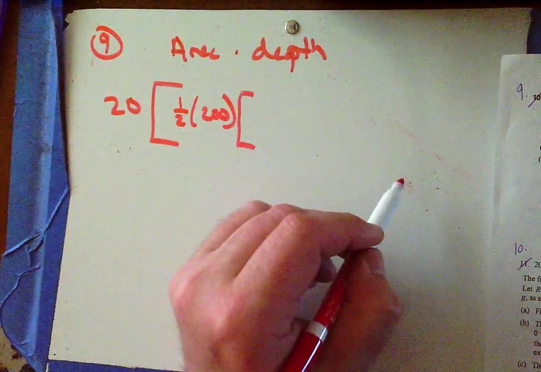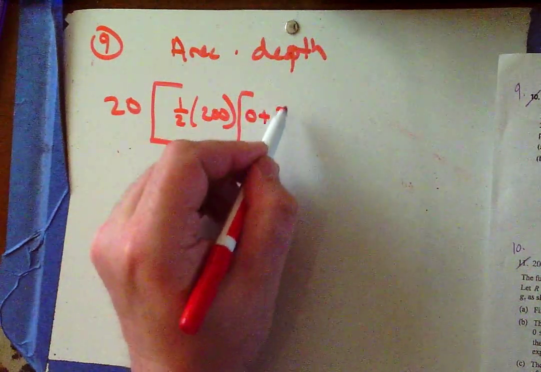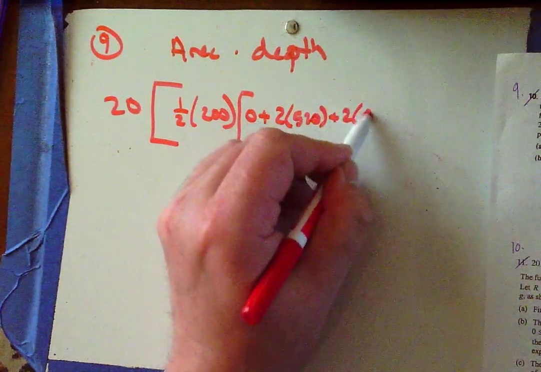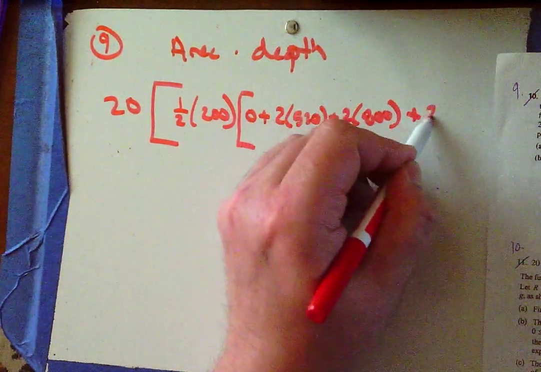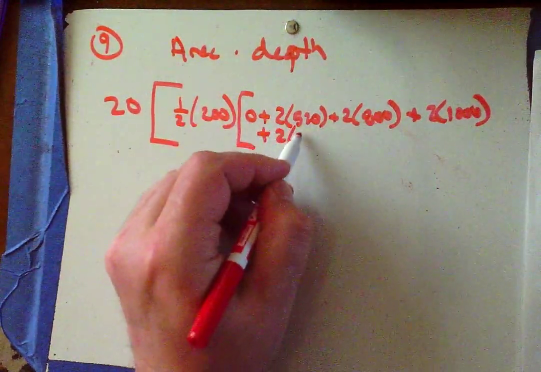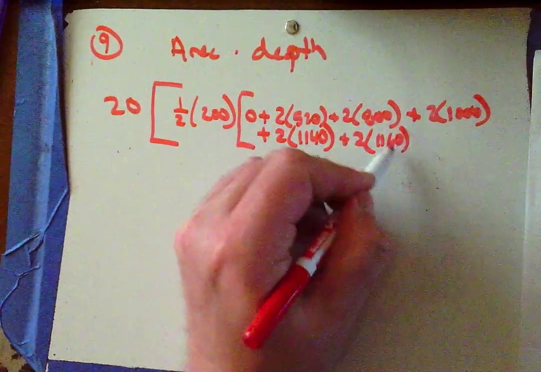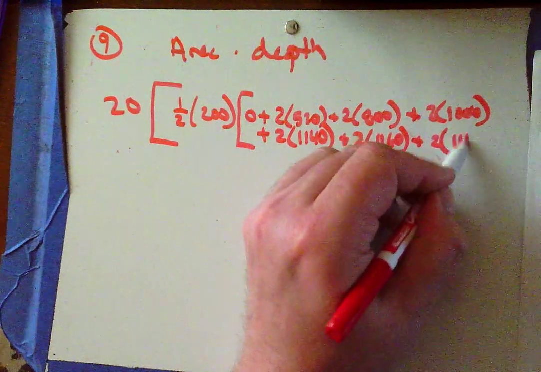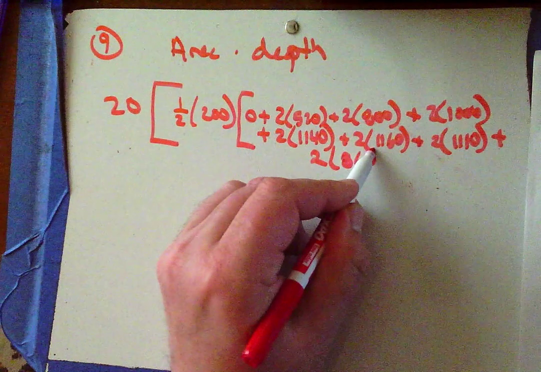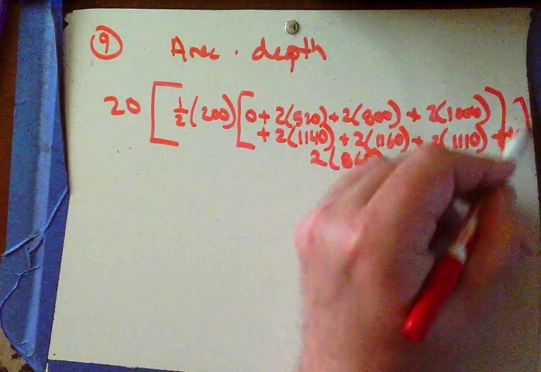And then, since the subinterval widths are all the same, I can do my shortcut: 520 plus 2 times 800 plus 2 times 1000 plus 2 times 1140 plus 2 times 1160 plus 2 times 1110 plus 2 times 860 plus a 0.